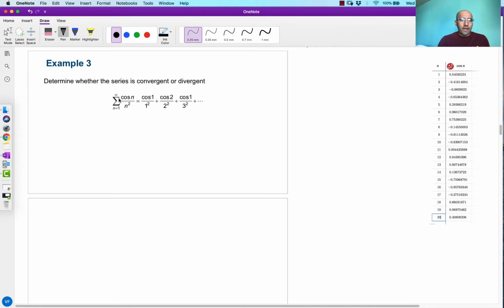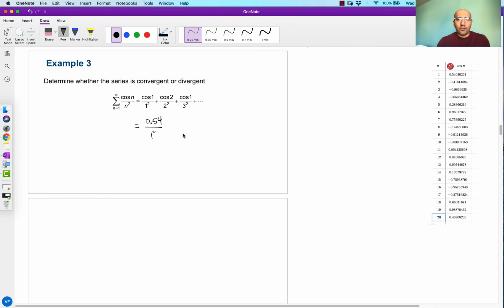Okay, so back to our series. Here's the table of values I got from Desmos. If we wanted to expand it, this is the same thing as 1 squared for the first term, and then cosine of 1, that would be that 0.54, just to give a little sense of what that is.